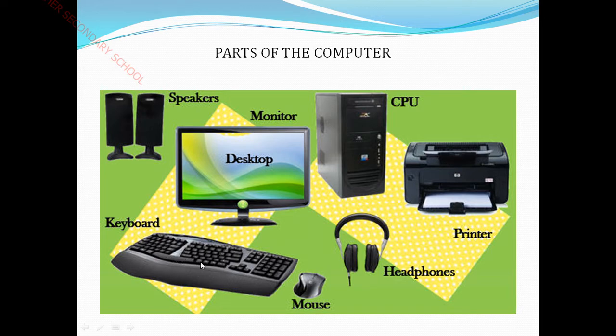In this keyboard we have alphabets, numbers, function keys, and special keys. So, what is meant by special keys? Some keys are there: shift key, control key, alt key, tab key, caps lock key. Those keys belong to special keys, or we can call them helper keys. Okay, the keyboard is the frequently used input device.